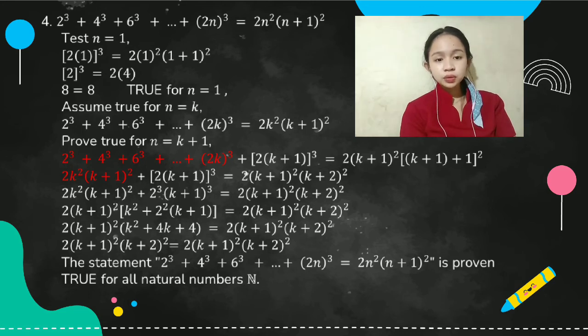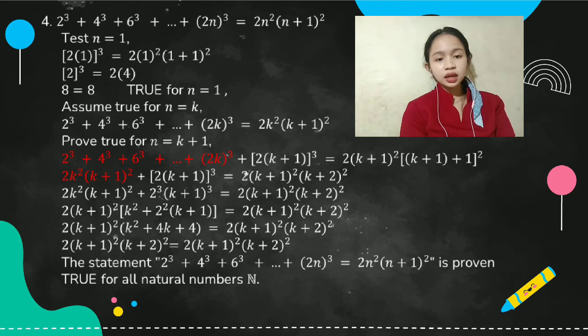Next will be 2k squared times the quantity of k plus 1 squared plus 2 times k plus 1 raised to 3 is equal to 2 times the quantity of k plus 1 squared and k plus 2 squared. Then 2k plus 1 squared times the quantity of k squared plus 2 squared times the quantity of k plus 1 is equal to 2 times the quantity of k plus 1 squared and k plus 2 squared.